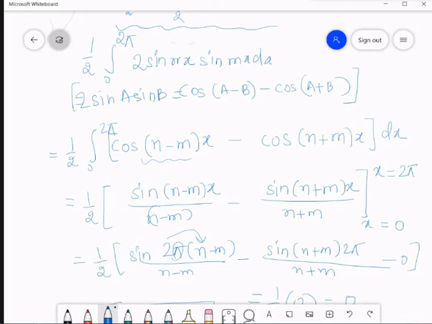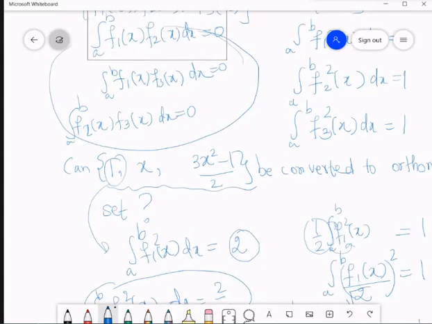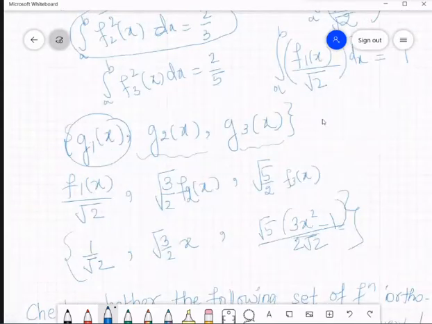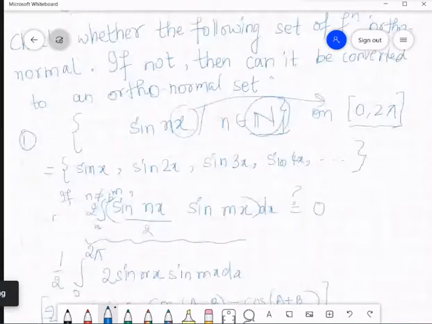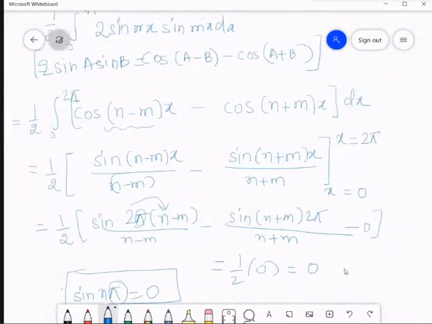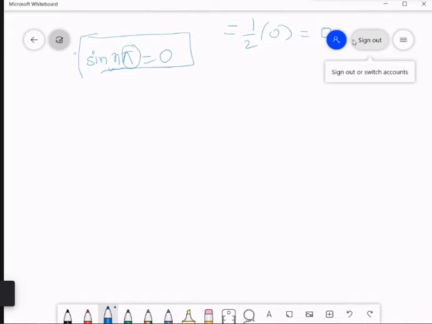What we want is, we want norm to be 1. Okay, so how do we do the second condition? I have to check for norm of each and every function to be 1. Okay, how can I get that norm to be 1?